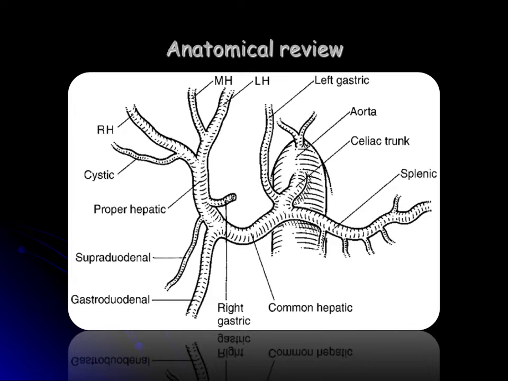The common hepatic artery gives the gastroduodenal artery, then becomes the proper hepatic artery, which passes in the free border of the lesser omentum with the portal vein, entering the liver, where it is subdivided into the right hepatic artery supplying the right hepatic lobe and the left hepatic artery supplying the left hepatic lobe, and inside the liver it is subdivided to supply each segment.